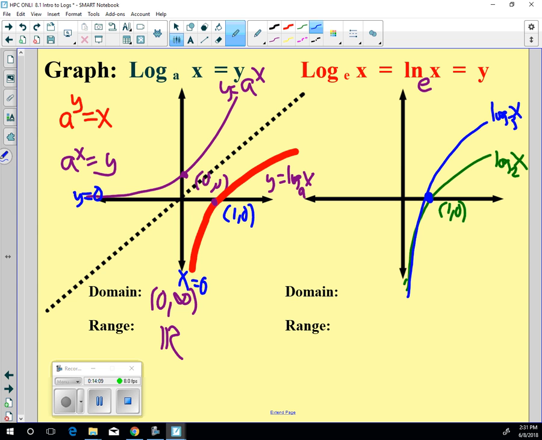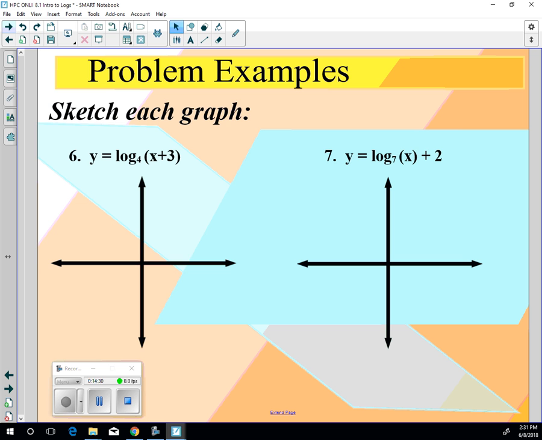That goes through 1, 0. So if you're trying to draw log base e of x, that's going to be close to the log base 3 of x and kind of similar to what we saw with e to the x.